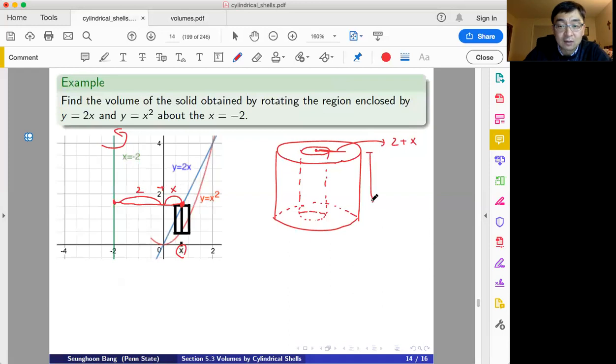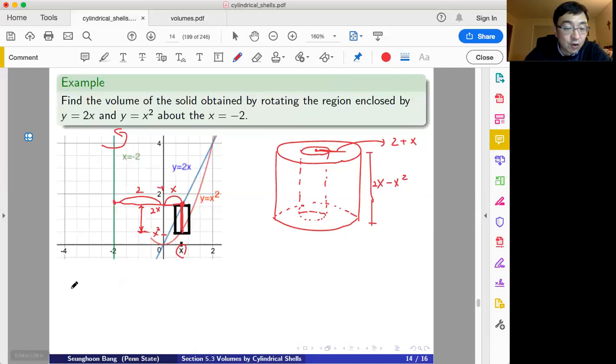What's the height? The height is this one. This function value is on the blue line, 2x. The red curve is x squared. Exactly this one, 2x minus x squared, top curve 2x minus bottom curve x squared.